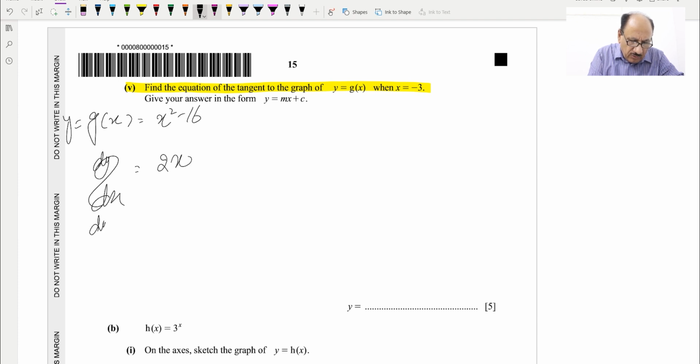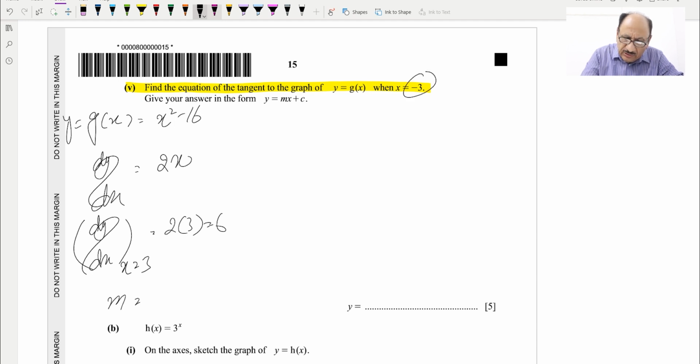The gradient m is at x equal to -3, so we replace x with -3, and we get the gradient as -6.